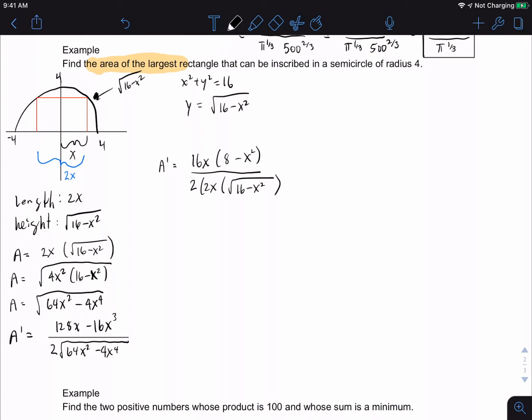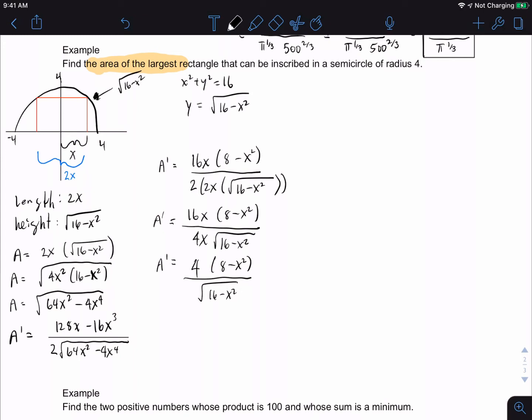That's going to give me 16x times 8 minus x squared over 4x square root of 16 minus x squared. That's my A prime. And so A prime is going to be equal to 4 times 8 minus x squared over the square root of 16 minus x squared.